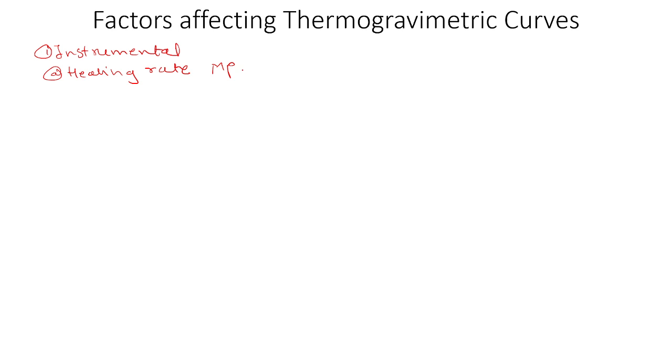The mercury in the thermometer rises very fast, and the heat supply is not sufficient. The substance melts, but by the time you see it melt and try to read the temperature, it has gone beyond the melting point. So this error comes because of very fast heating. So whenever you are using a fast heating rate in TGA analysis, what happens?